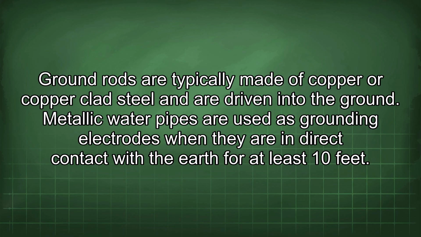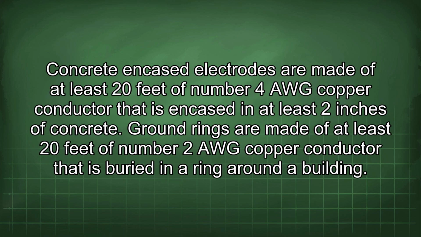Metallic water pipes are used as grounding electrodes when they are in direct contact with the earth for at least 10 feet. Concrete encased electrodes are made of at least 20 feet of number 4 AWG copper conductor that is encased in at least 2 inches of concrete. Ground rings are made of at least 20 feet of number 2 AWG copper conductor that is buried in a ring around a building.